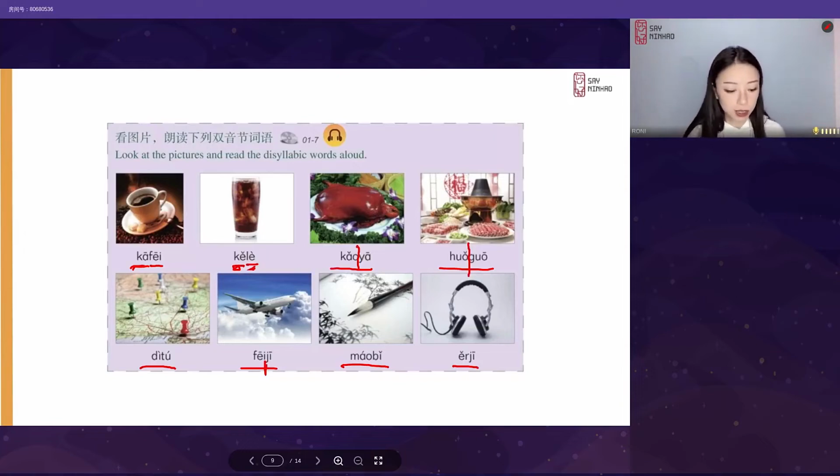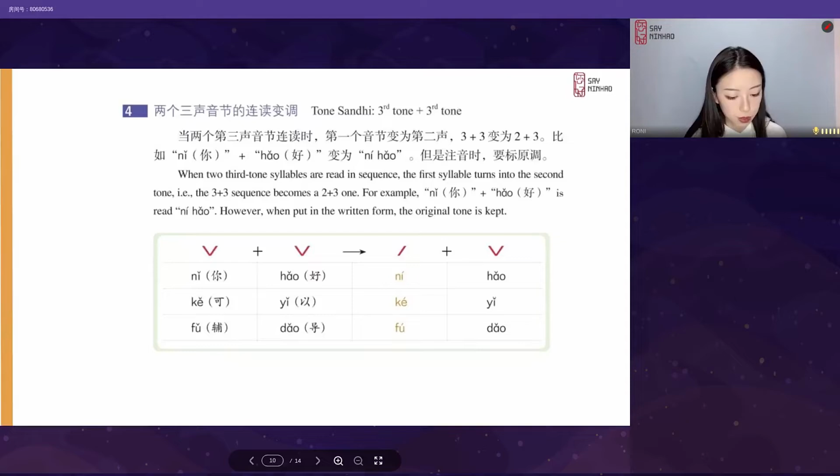So now let's move on to the next part. Next part, the tone sandhi. When there are two third tones together, there will be a tone sandhi. So what is a tone sandhi? Actually, it is the changes of the tone.